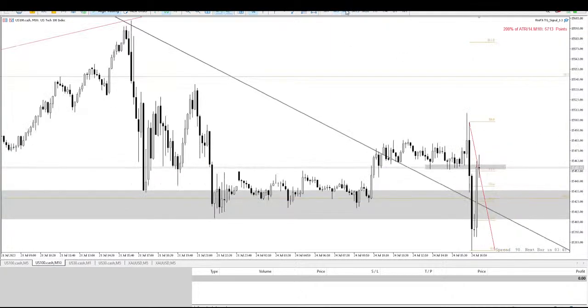So on NAS, price is holding above this level.